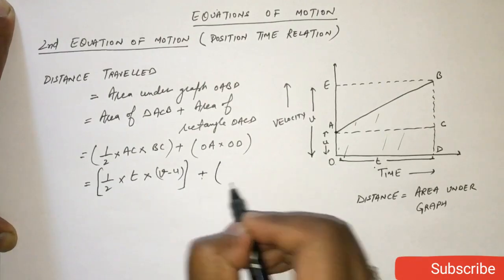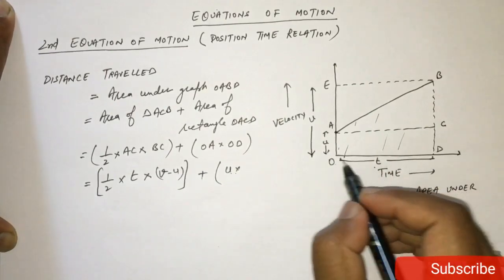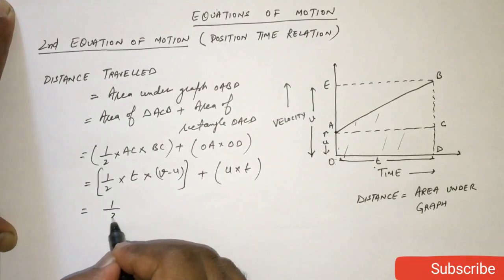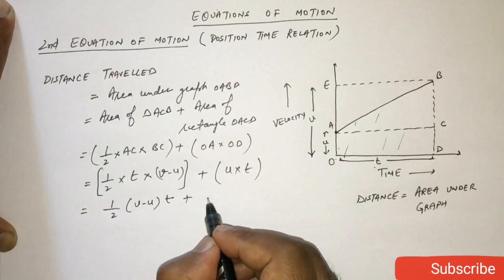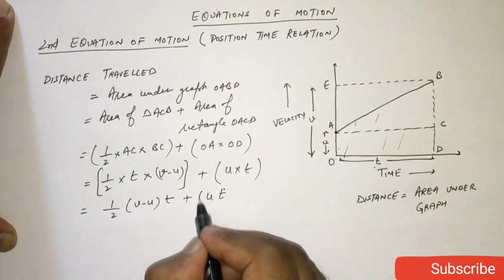Plus OA is u into OD is time. So we have half into v minus u into t plus u into t.